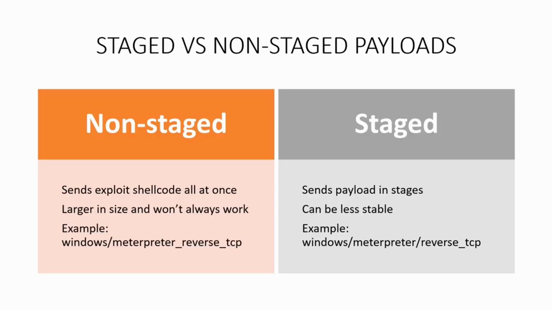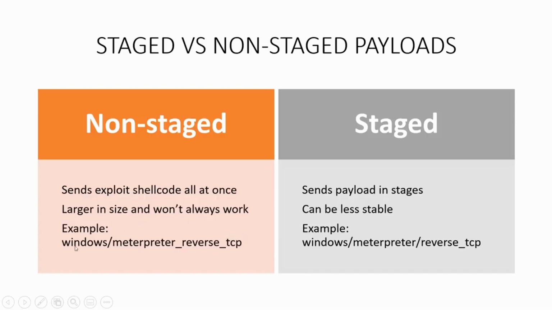And we have an example of it, and this is really what I want to point out. We have this non-staged payload and we have a staged payload. Do you see the one difference between the two? All it is is a /. So when we're using something like Metasploit and we have to pick out a payload, if we see something like Meterpreter _reverse _TCP, this identifies that this is a non-staged payload.